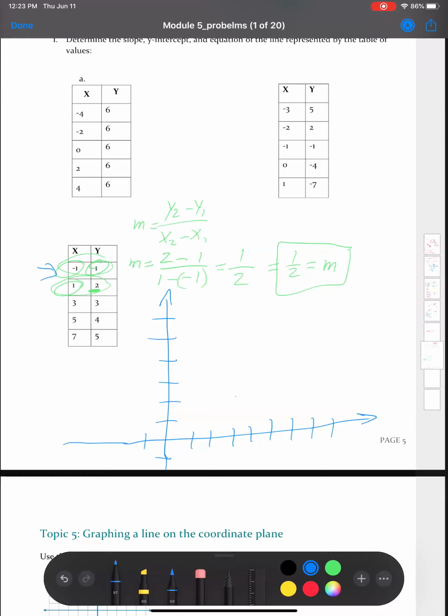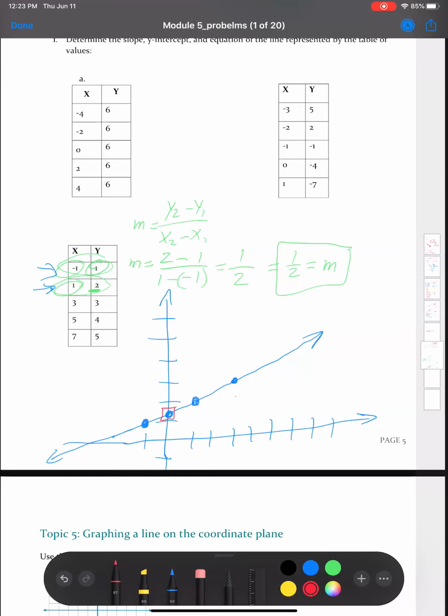So -1, 1 is our first point. And then 1, 2 is our second point. And then 3, 3 is our third point. I think this is enough because we can see where our line crosses the y-axis. That would be our intercept.